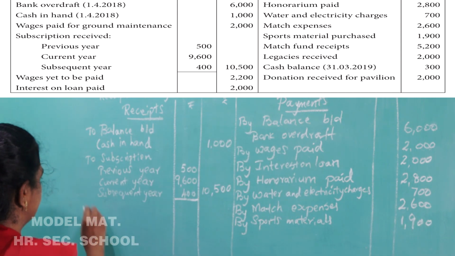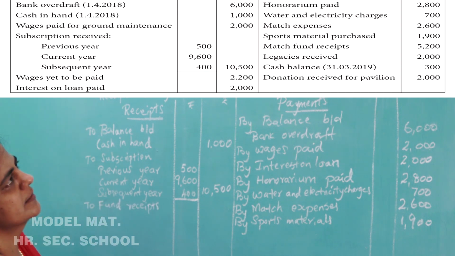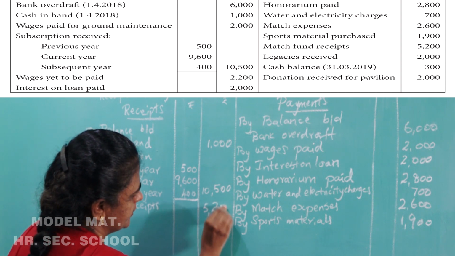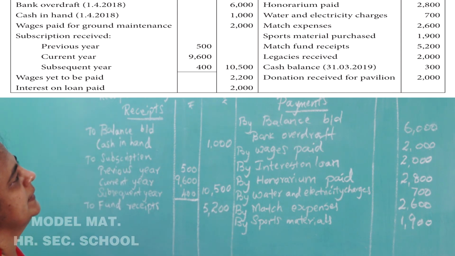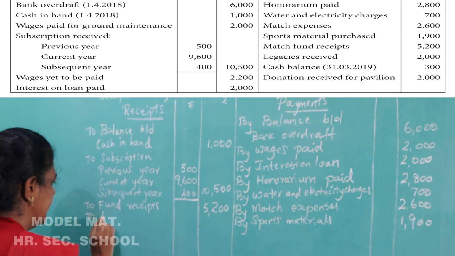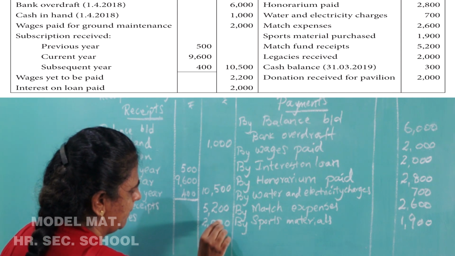Then to match fund receipts 5,200. Legacies received 2,000, that is also a receipt: to legacies 2,000.